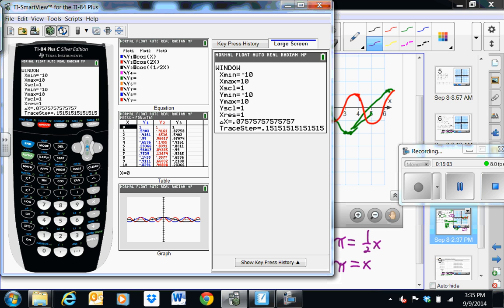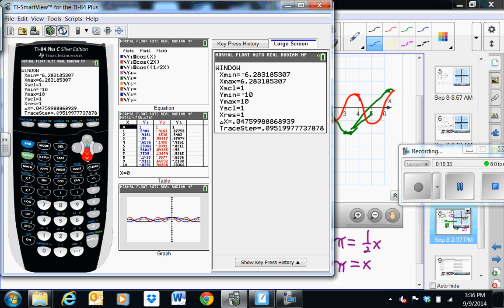So I'm actually going to change my window, and I'm going to make my x maximum go to 2 pi because I can. I can hit 2 pi. And I'm going to make my x minimum go to negative 2 pi. Oops, I have to hit second pi.